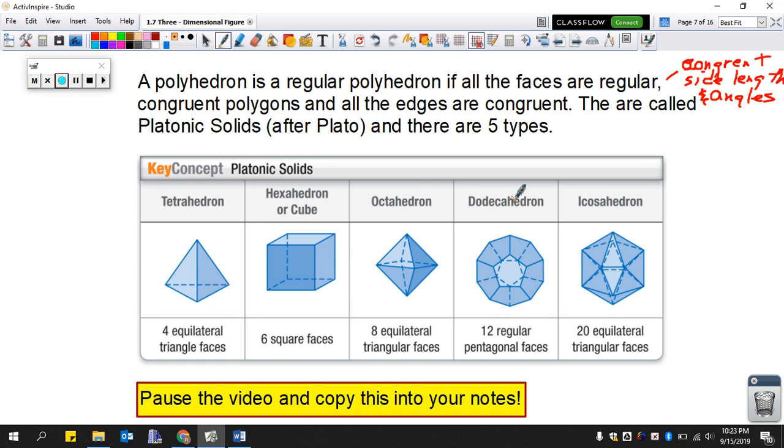You have an octahedron, which has 8 equilateral triangular faces. We have a dodecahedron, which has 12 regular pentagonal faces. And we have a icosahedron, which has 20 equilateral triangular faces. Pause the video and copy this information into your notes as well.